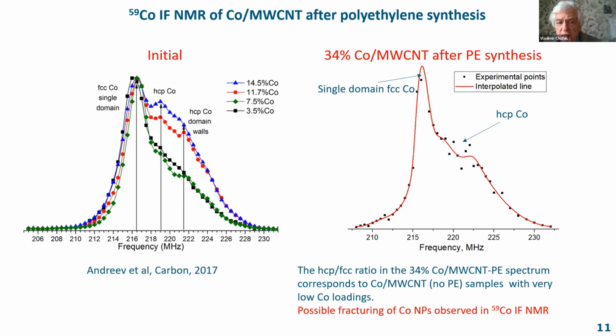What was the pulse sequence? It's a solid echo. It was a 1 microsecond pulse, then an 8 microsecond delay, and then again a 1 microsecond pulse. So we didn't measure what angle this is.